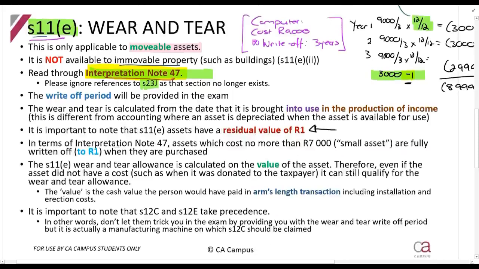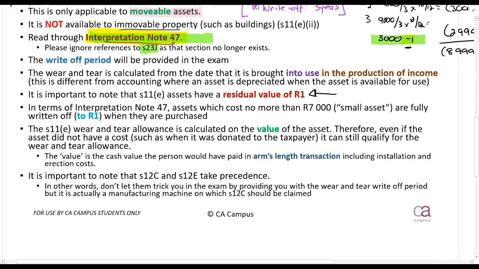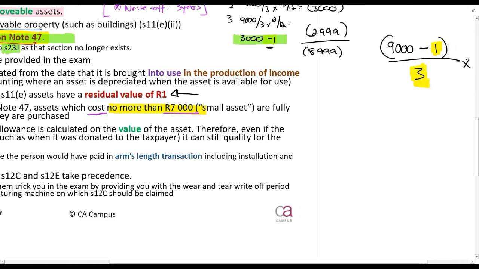Then, guys, another rule, if the asset does not cost more than 7,000 rands, and remember that's the cost for tax purposes, so the cost excluding VAT, if you could claim VAT. If it costs no more than 7,000 rand, so if it's 7,000 or less, then you can claim the full cost immediately.